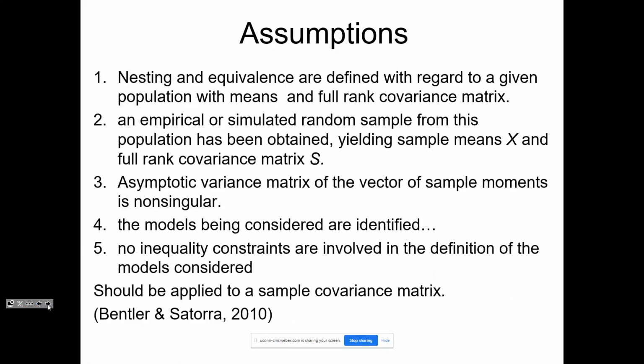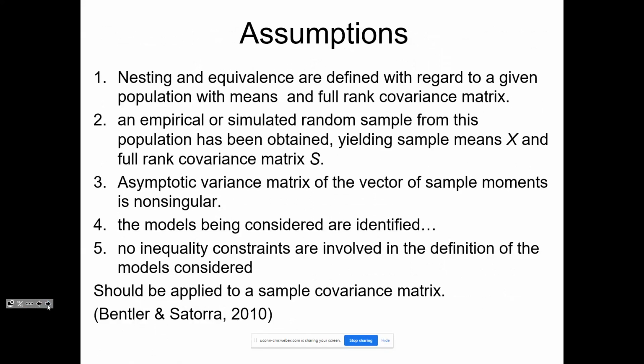Okay. So a couple of assumptions that we need to think about before we go any further. Nesting and equivalence are defined with regard to a given population with means and a full rank covariance matrix.